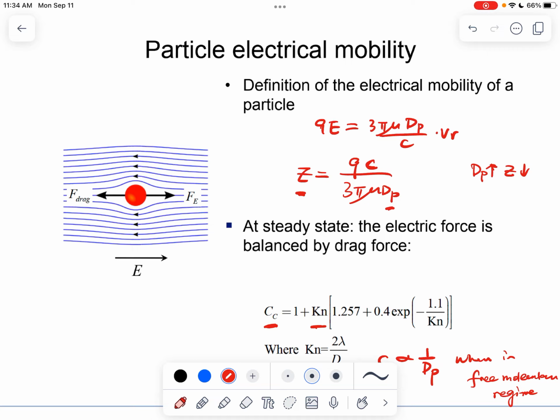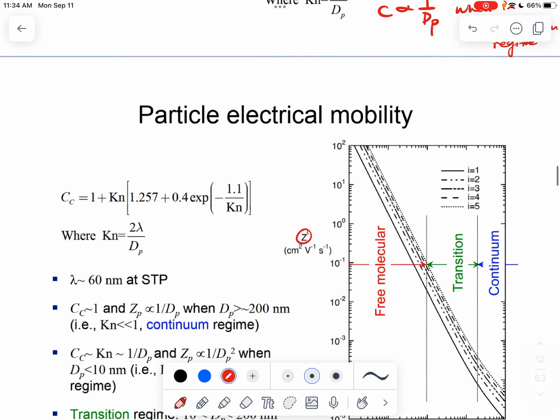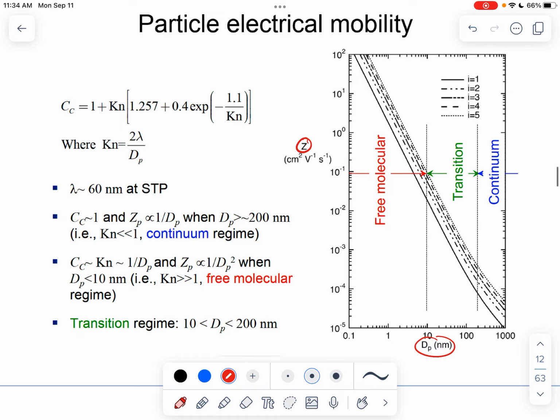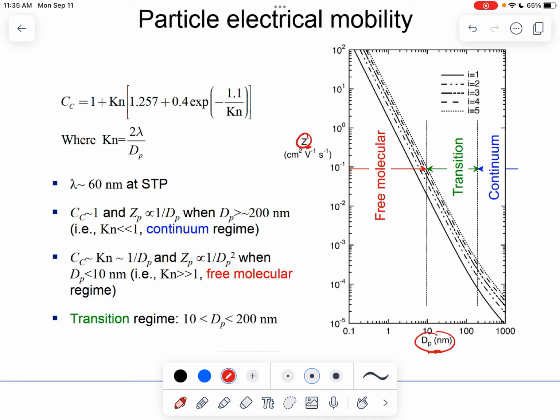Larger objects are less mobile compared to smaller objects. Larger particles are less mobile compared to the smaller particles. Okay, so because of that, if you plot this relationship between the electrical mobility and particle size in the log scale, you can see this decreasing trend. And further, you could notice that in different regimes for different particle sizes, there is a different slope.